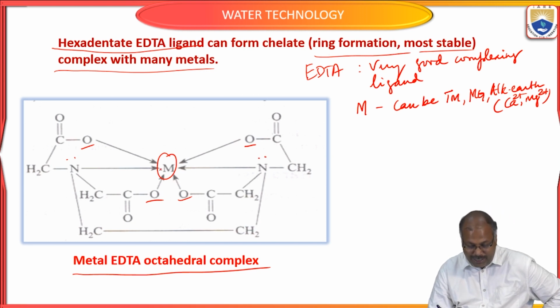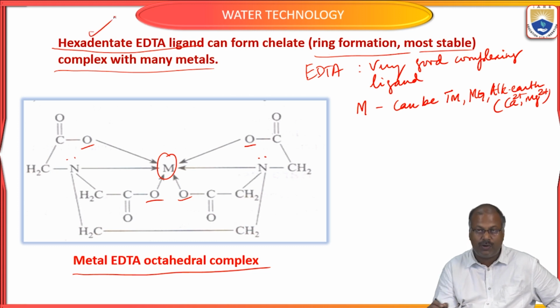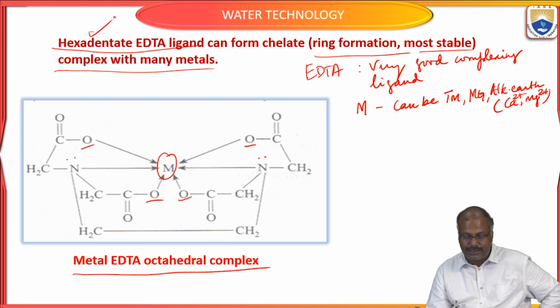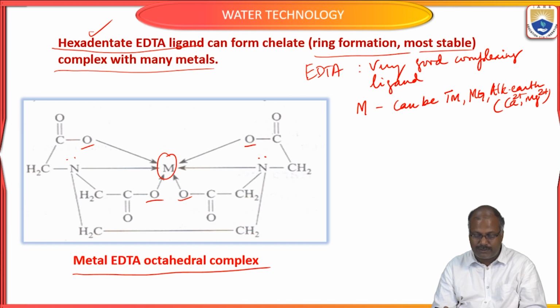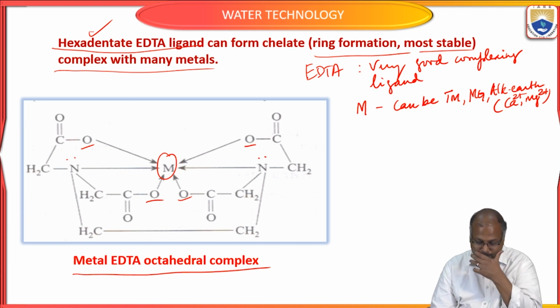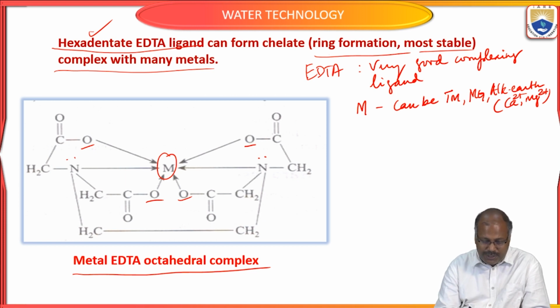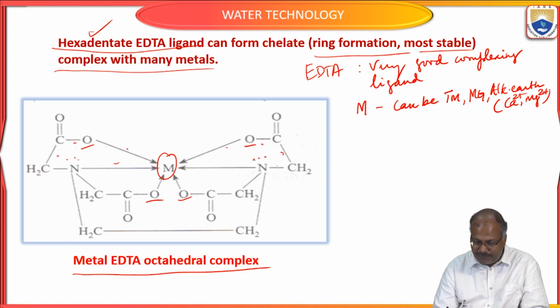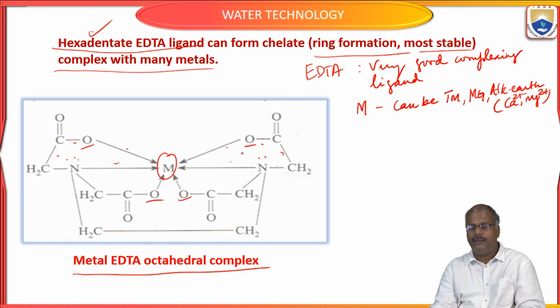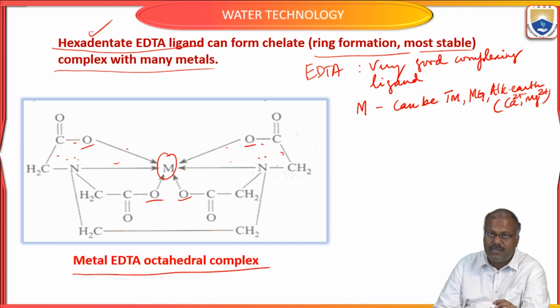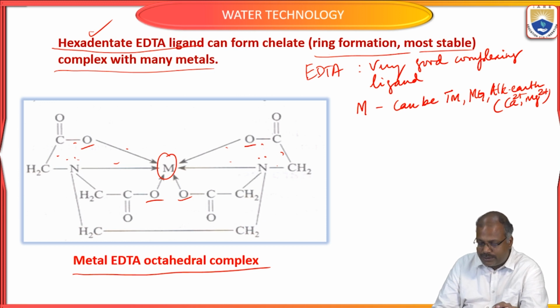So it's a hexadentate ligand. That's why we call it hexadentate: 6 atoms on the single ligand are binding with the metal. And if you see, there are 5-membered rings: 1, 2, 3, 4, 5. Like that, it forms a strong ring formation, and that's the reason it is highly stable and has a very high equilibrium constant compared to monodentate ligands.